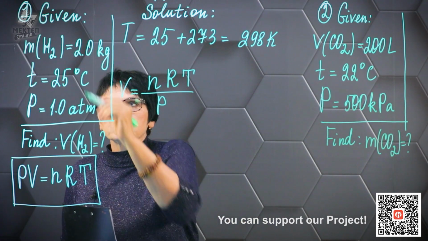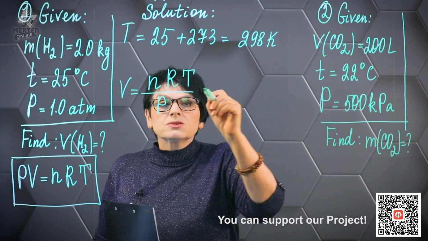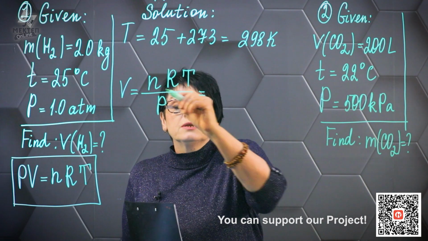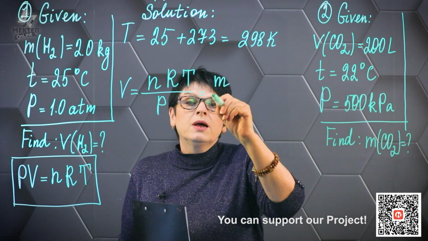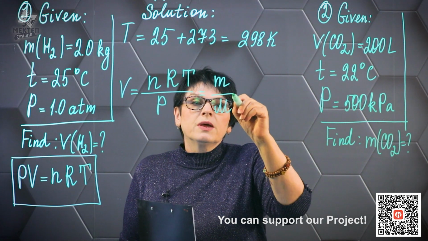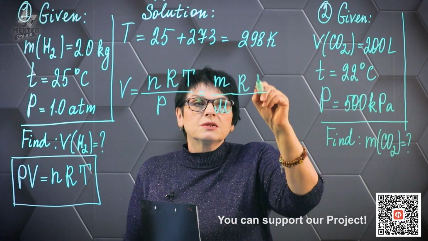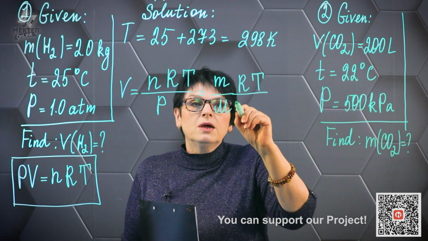No, we don't, because the mass of our hydrogen gas is given. Then let's convert this formula so that we can use it. To find the number of moles, we divide the mass by the molar mass, and we have our known parameters: the universal gas constant, temperature, and pressure.